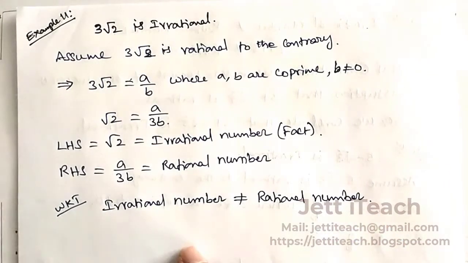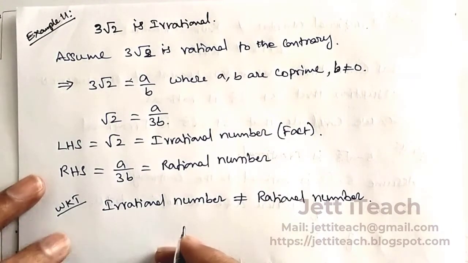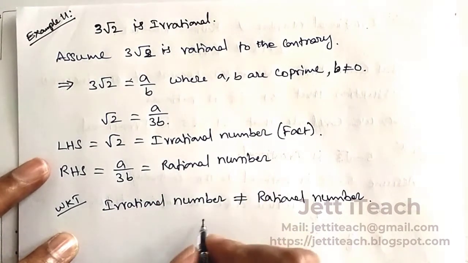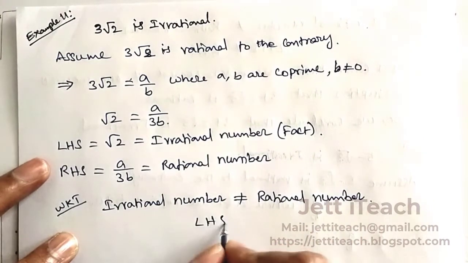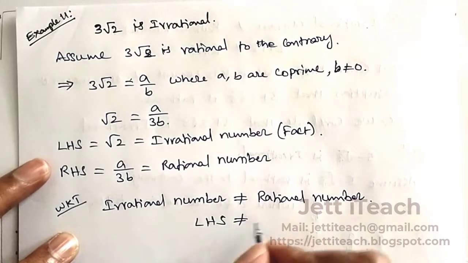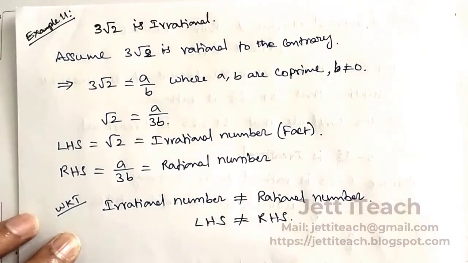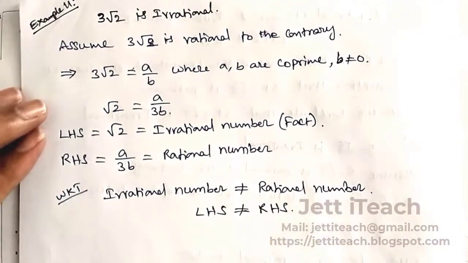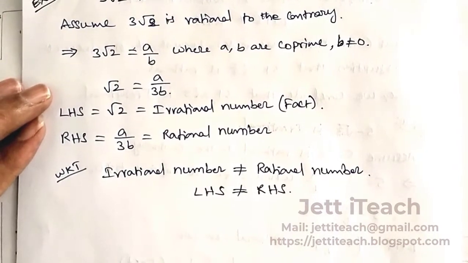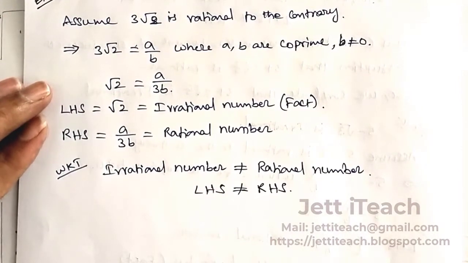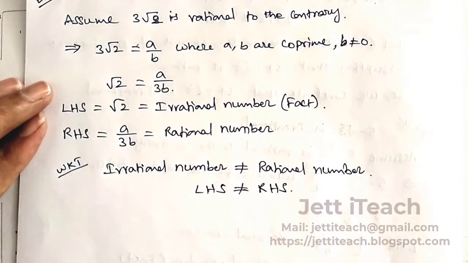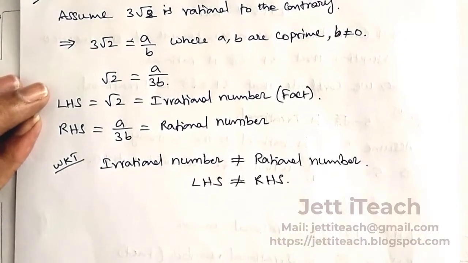A rational number is not equal to an irrational number, or an irrational number is not equal to a rational number. So LHS is not equal to RHS. Why are LHS and RHS not equal? Because of our incorrect assumption. You can write that now.